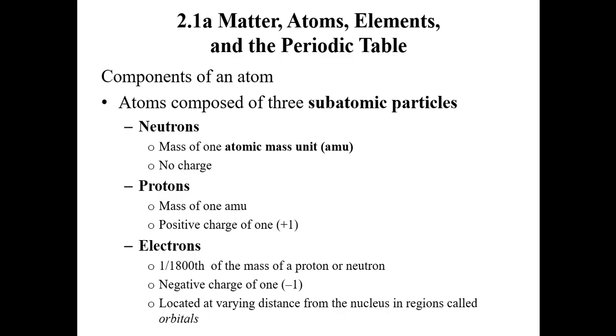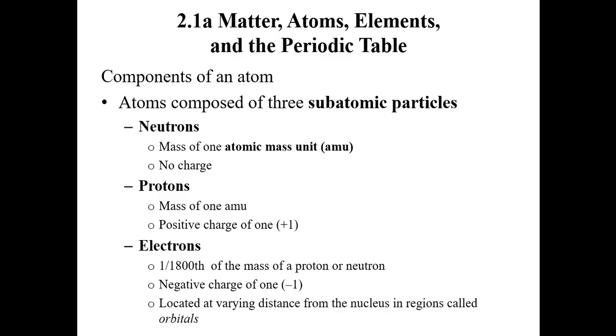Now when someone says mass of an element, the mass of the element is found in the nucleus. What's inside the nucleus? Protons and neutrons. You'll see a slide in a short while for that.